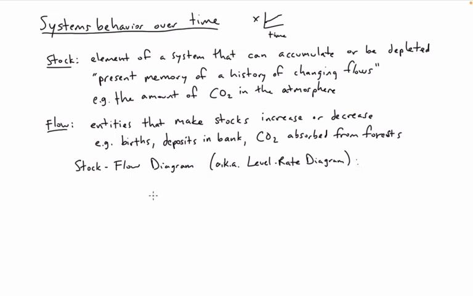So we draw a stock with a box. So the stock here, let's call it, for example, the water in a bathtub. And so this is sort of the simplest version of a stock flow diagram.